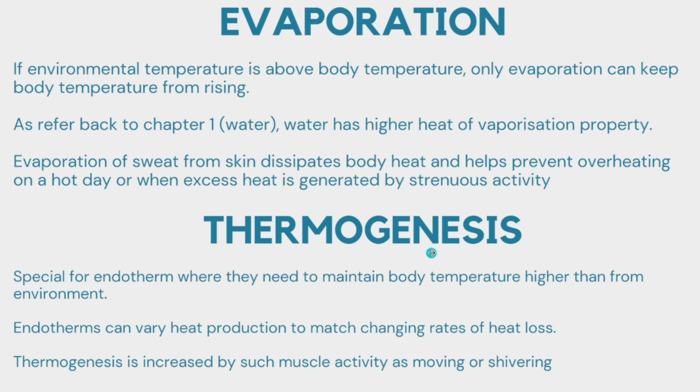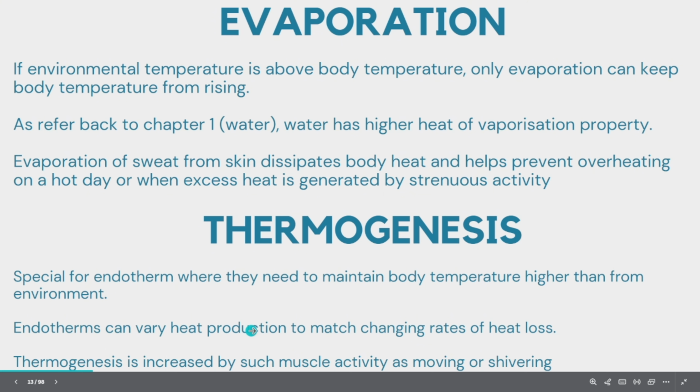Another one is thermogenesis. This one is for the endotherm. They need to maintain a body temperature higher than the environment. Normally this is in winter conditions, where the temperature is very low, like 10 degrees Celsius, or even negative. This kind of organism is able to do thermogenesis. The endotherm is able to produce heat to match the changing rate of heat loss.